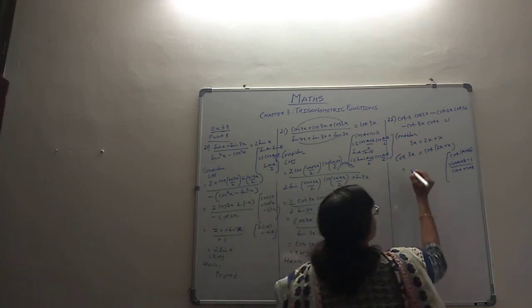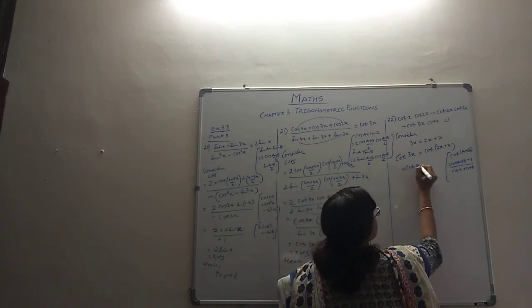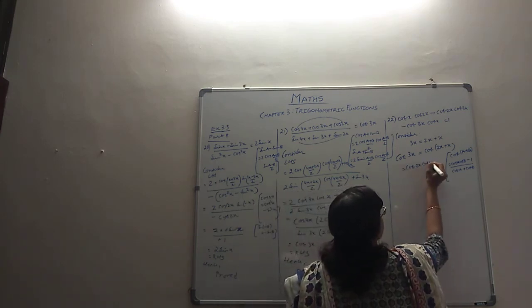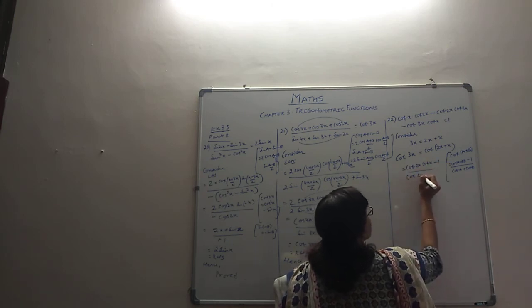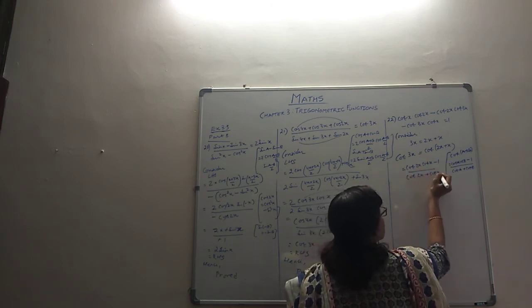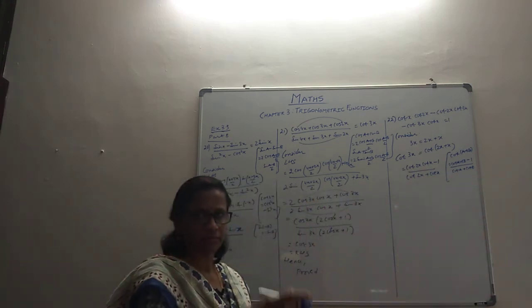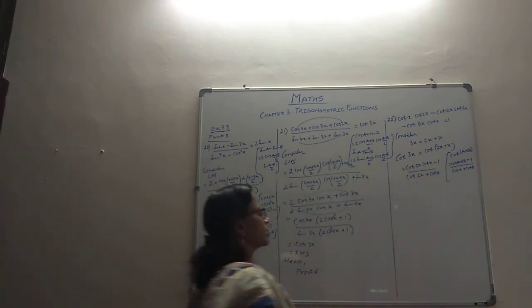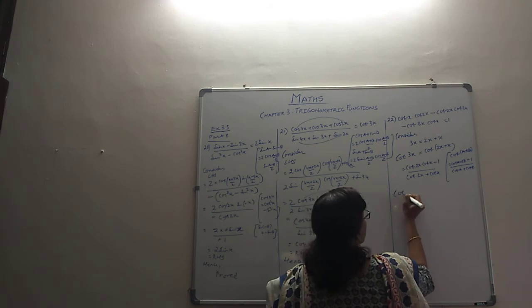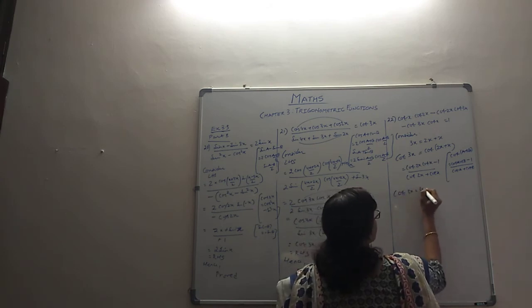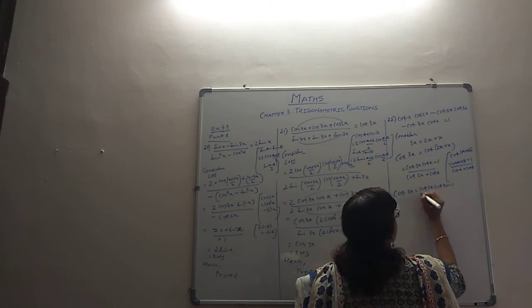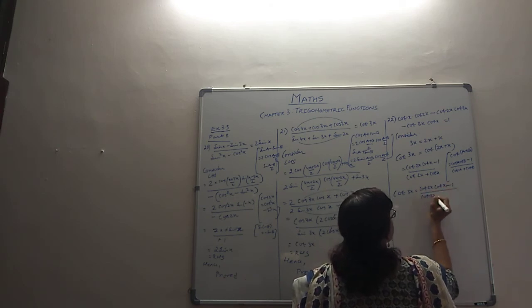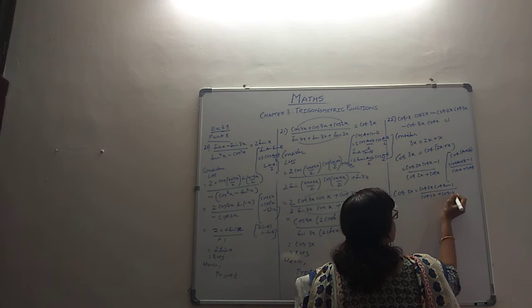So we have cot 2x cot x minus 1 by cot 2x plus cot x. We have just applied the formula which we have written in the adjoining bracket. Okay, so what have we got? We have got cot 3x equal to cot 2x cot x minus 1 by cot 2x plus cot x.